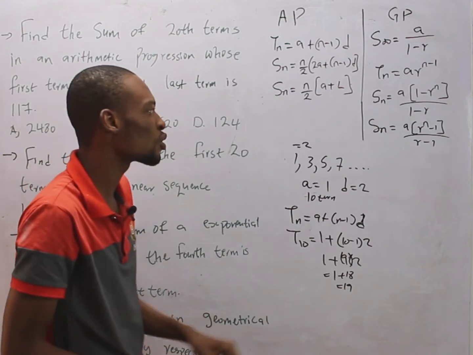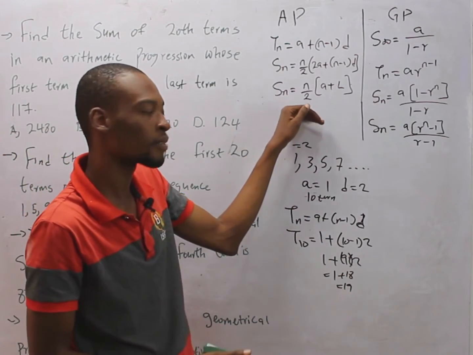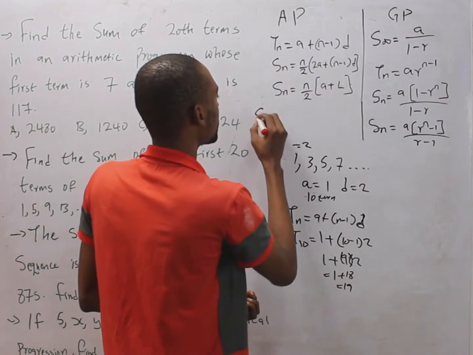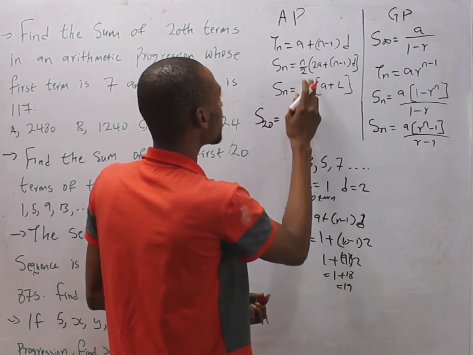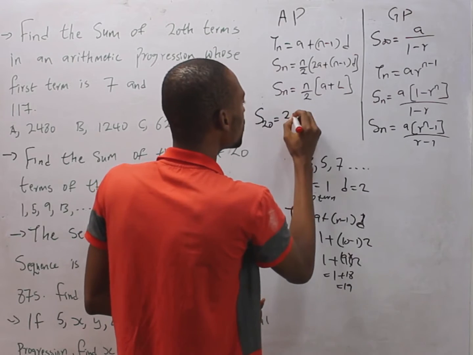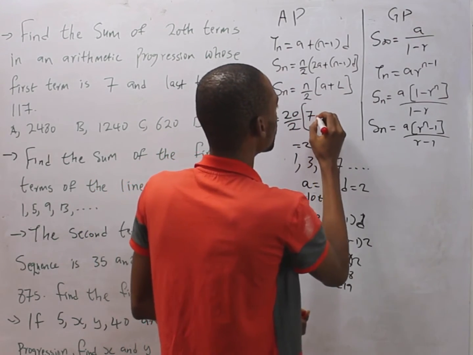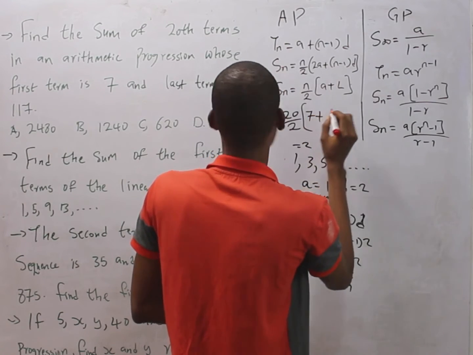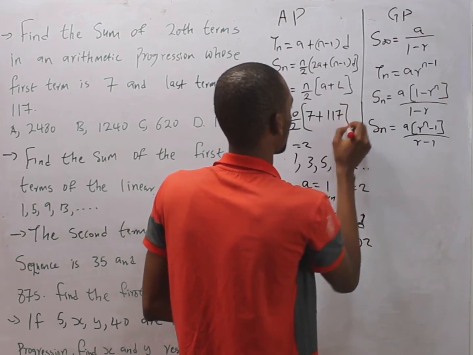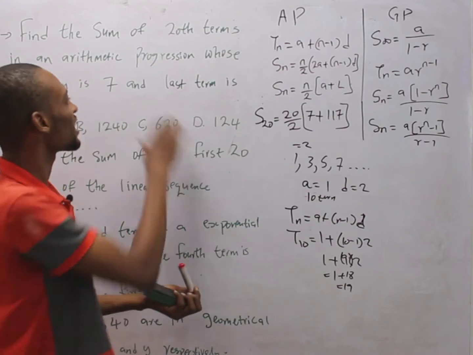This means to look for that sum, this formula will work perfectly. The sum of the first 20 terms, S20, is equal to n over 2, where n is 20, so 20 over 2, times the first term, 7, plus the last term, 117. So this is the answer to this question.